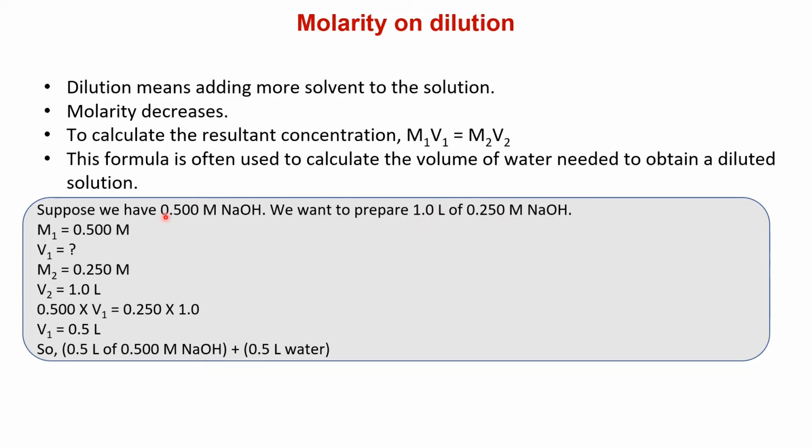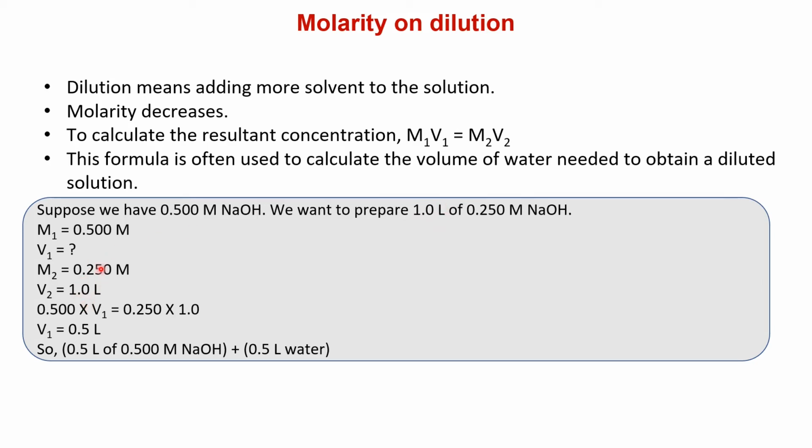So let's see how much water we need to add to this concentration so that we get 1.0 liter of 0.250 molar NaOH. We will use this formula where M1 will be equal to 0.500 molar, V1 we need to calculate, M2 we know is 0.250 molar because we need to prepare this, and V2 is 1.0 liter.